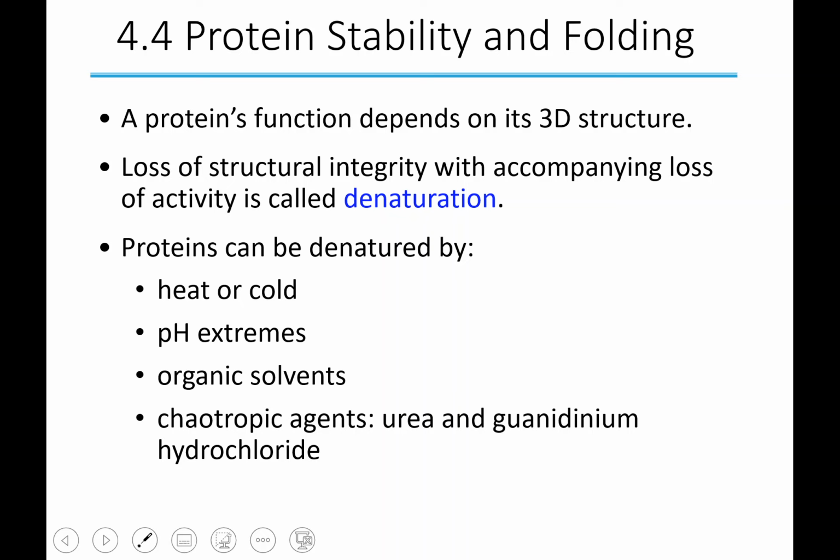Things that can cause this: heat is one thing. Extreme cold can also cause this. Extremes in pH, so very high or very low pHs. Organic solvents.